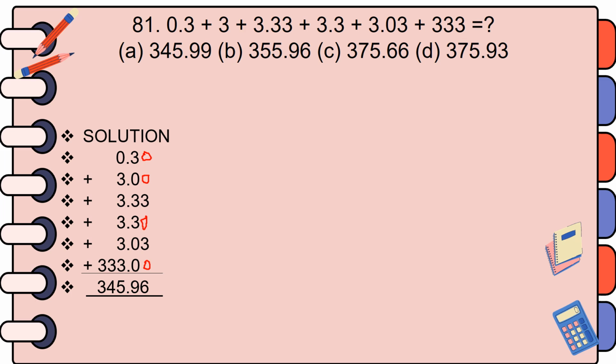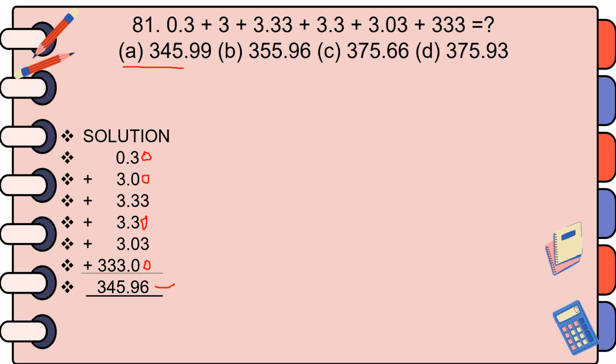Write 5, carry 1, then 3 plus 1 is 4, and 345.96 is the answer for this question. Choice A is the answer.